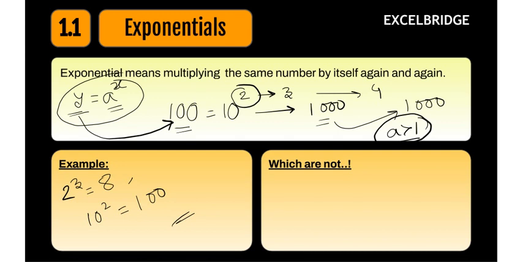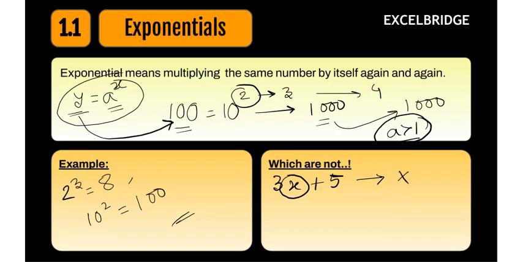So for example, let's see 3x plus 5. Is it an exponential? No, this is not an exponential because x is the variable here, but x is not in the exponent of any constant, so we cannot say it's an exponential.